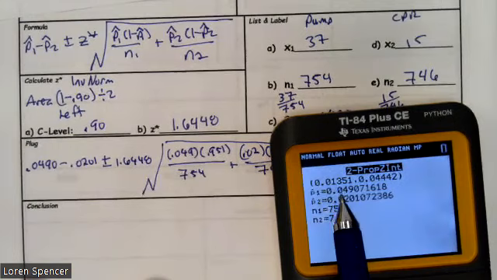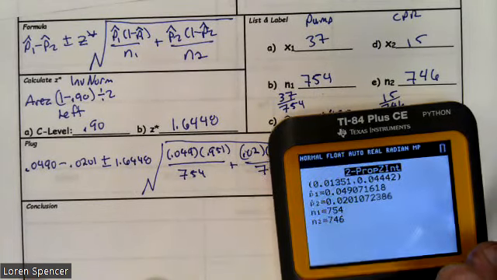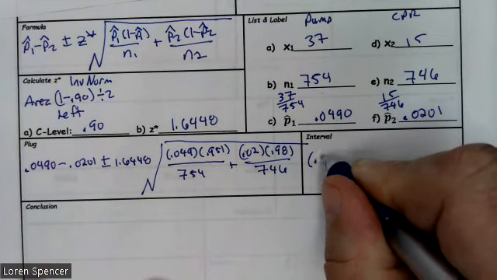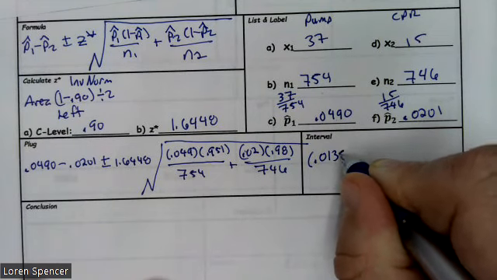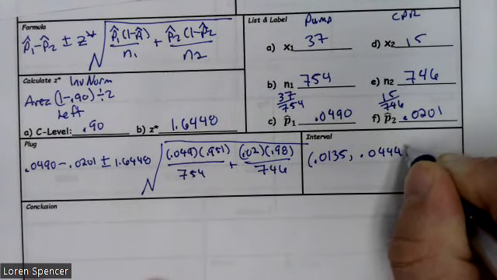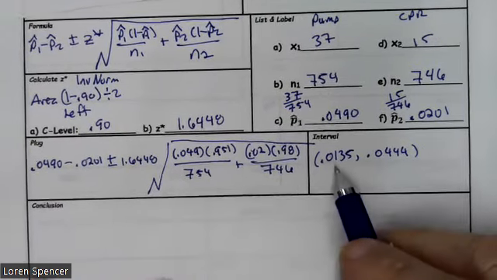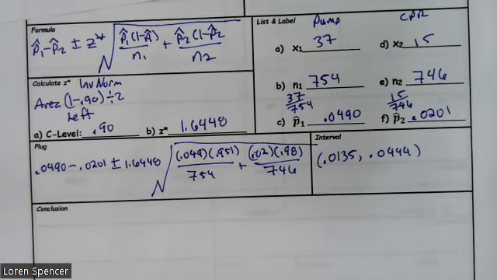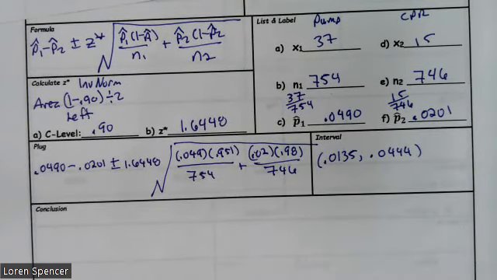And I end up getting 0.0135 and 0.044. So my interval is 0.0135 to 0.0444. So it doesn't contain 0. So it looks like it's going to be statistically significant.